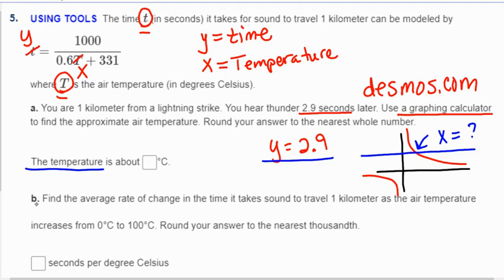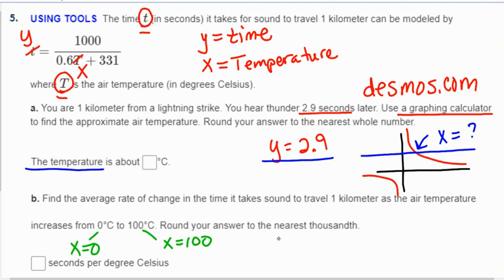And then when you find the average rate of change in the time it takes sound to travel 1 kilometer as the air temperature increases from 0 degrees Celsius to 100 degrees Celsius, again, you're going to go to your graph. Celsius is a degree, so that's your temperature. When x is 0, you're going to find the point on your graph. And when x is 100, you're going to find the point on your graph.